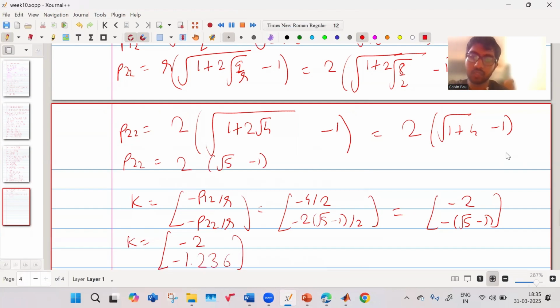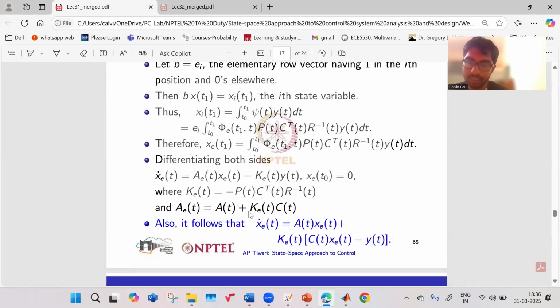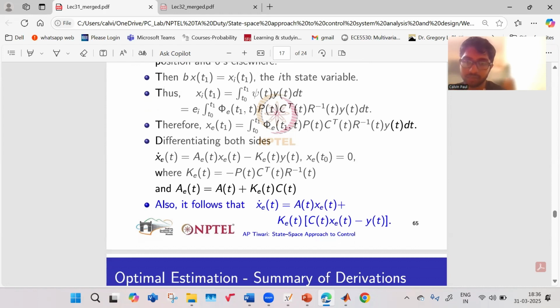Now let us consider the closed loop matrix. If you observe this equation, we have x hat dot of t is A x hat of t plus K of t into C x hat of t minus y. So what is the closed loop equation?